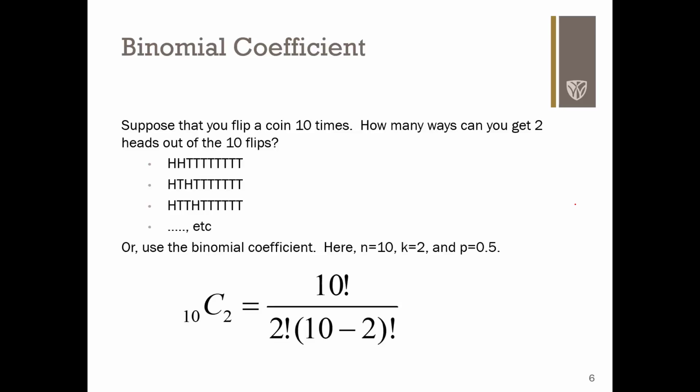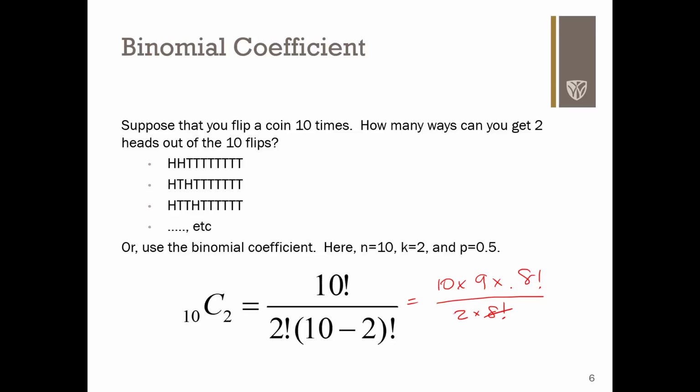So in this particular case, if we look at 10 trials and we want to choose 2 successes out of 10 trials, we could rewrite this formula as 10 times 9 times 8 factorial, divided by 2 factorial, which is actually just 2 times 1, which is 2, and 10 minus 2 is 8 factorial, right?